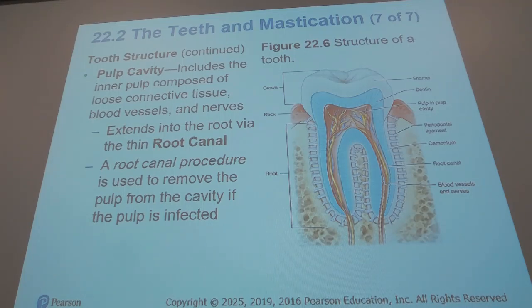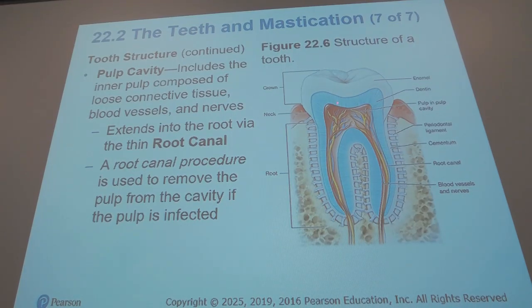Now, last time I mentioned the hardness of each of these substances that we have in our body. Enamel is the hardest substance, the most calcified one, the strongest. The second one will be dentin. Dentin has a yellowish color and it's just below the enamel in the crown and below the cementum in the root.